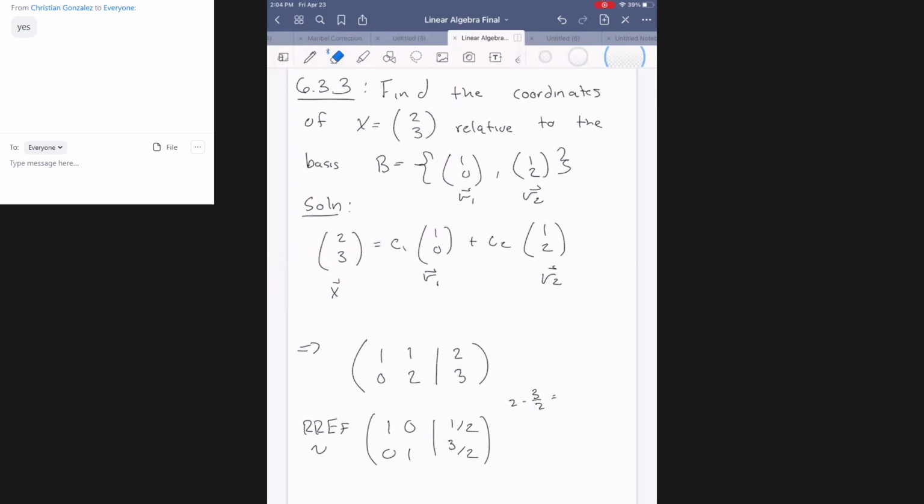All right. So what does this mean? That means that my C1 is 1/2 and my C2 is 3/2.